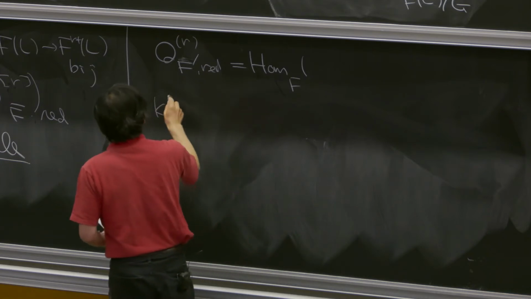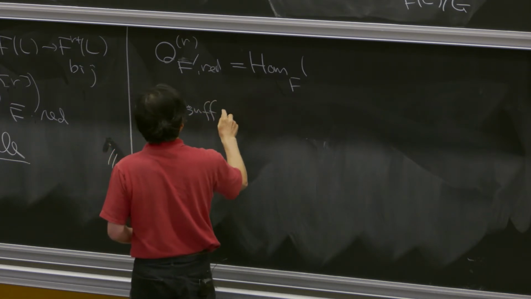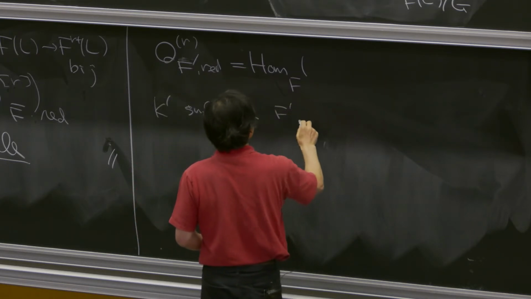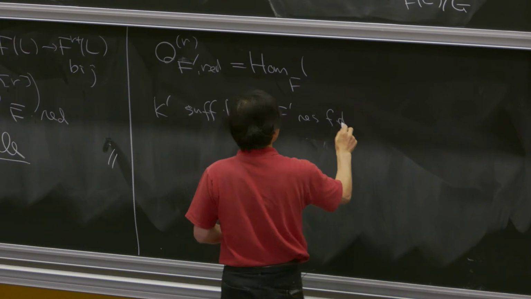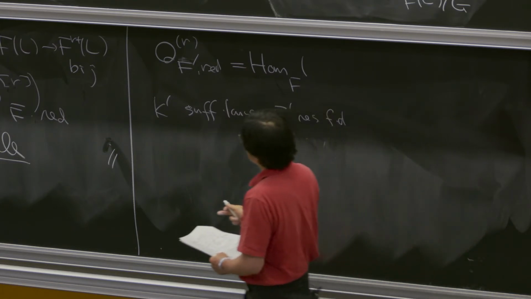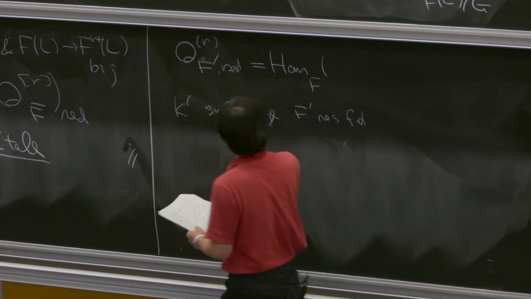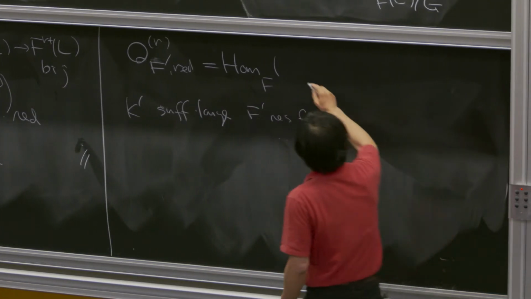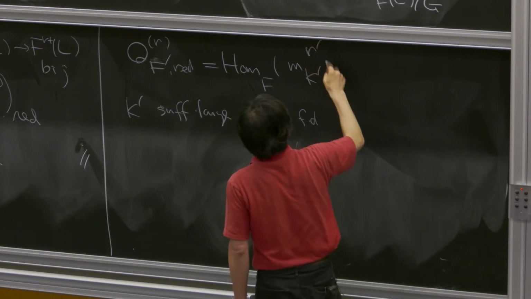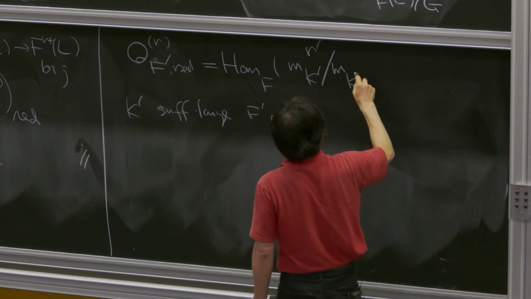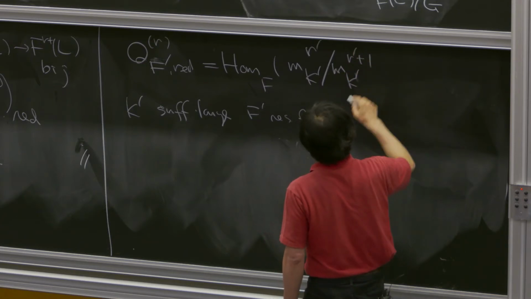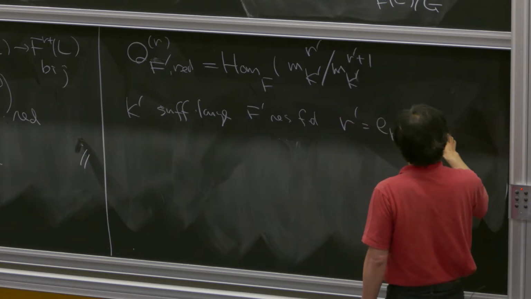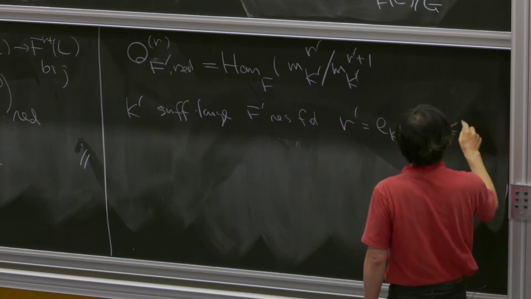So K prime is sufficiently large, and F prime is the residue field. Then this is just a base change of this. And this is m_{K'}^{r'} divided by m_{K'}^{r'+1}. And r' is, let me remind you, what we get when we multiply by the ramification index to make it an integer.